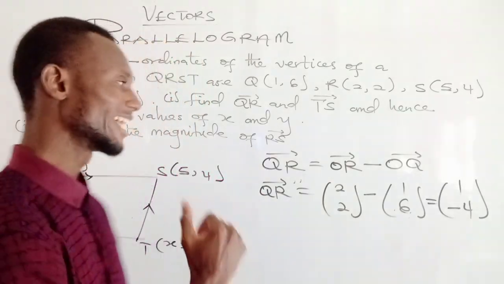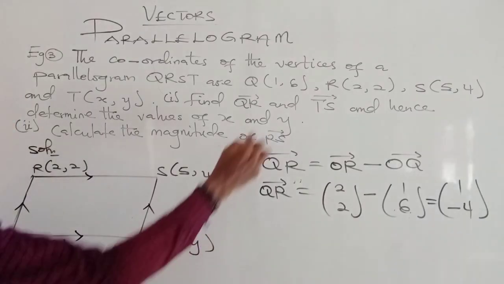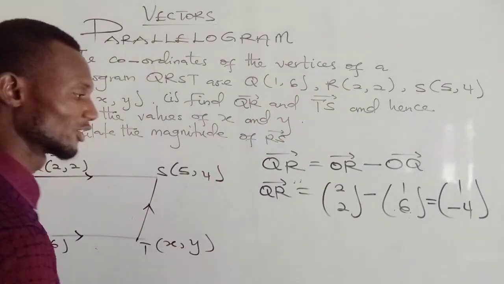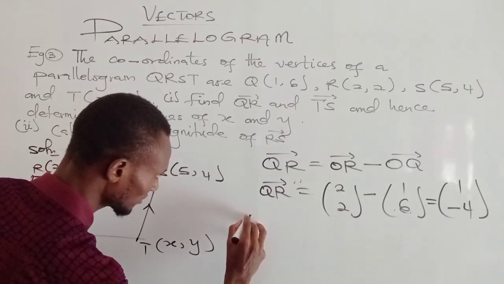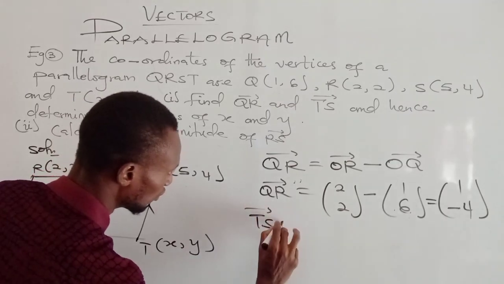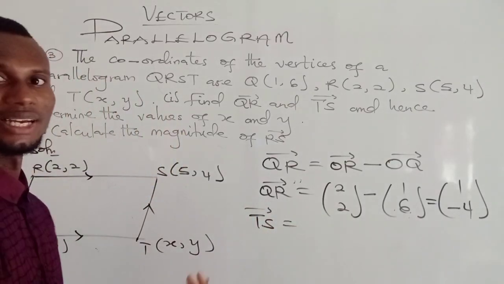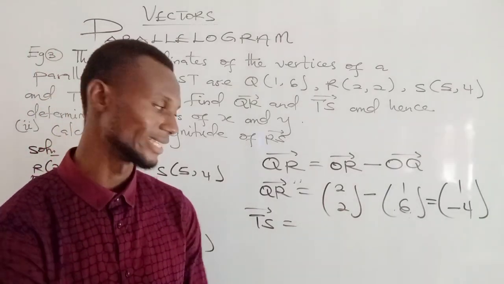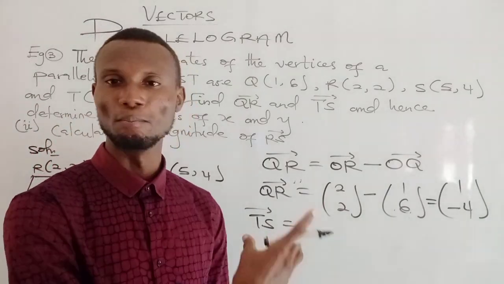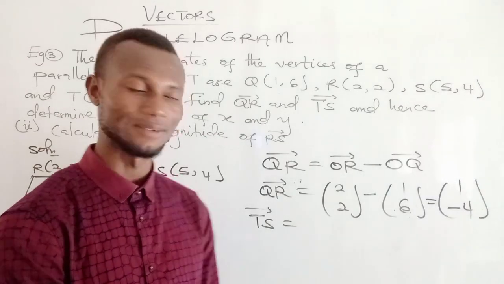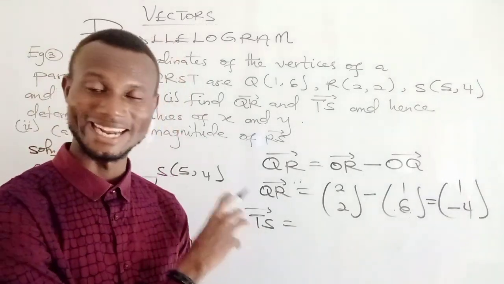Okay, so now let's proceed and find the vector TS as well. Let me write it down. My vector TS will be equal to, we are going to follow the same procedure. It is the position vector of the last letter minus the position vector of the first letter.